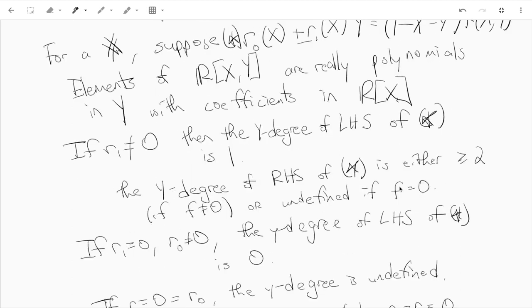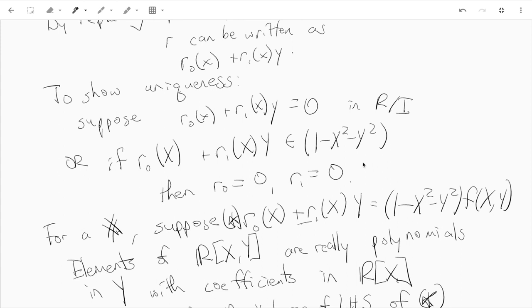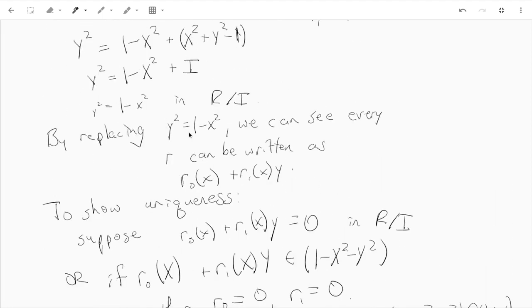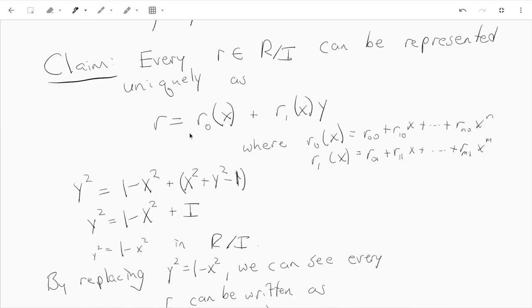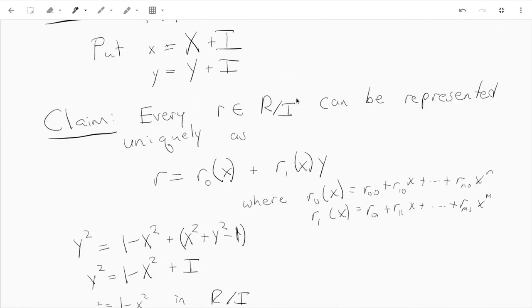It proves that the only way for a polynomial like this to be in this ideal is if it's 0. In other words, if we have this equation in R mod I, then r0 and r1 are both 0. And that is enough to prove uniqueness. So that finishes our claim, and now that gives us something to work with.